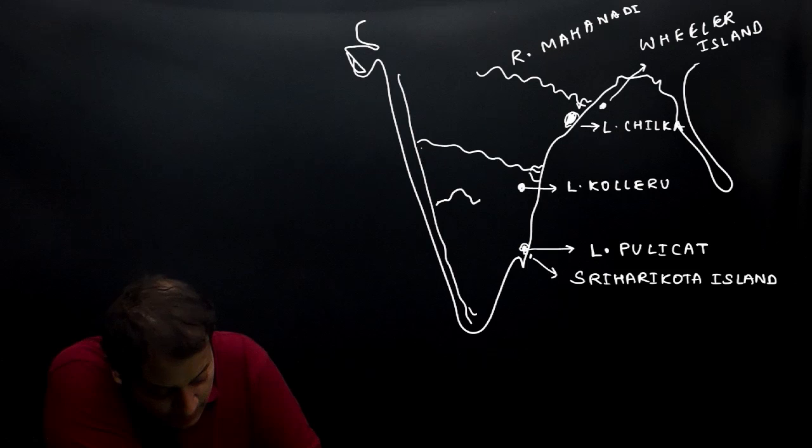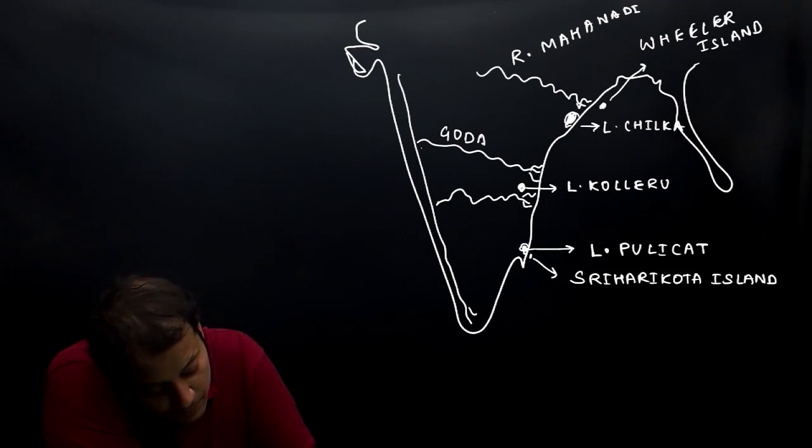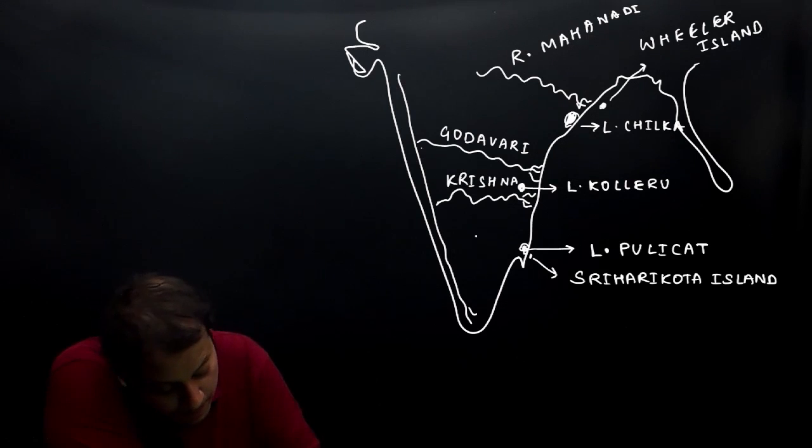River Krishna is another important river. Godavari, Krishna, Penneru, and river Kaveri.